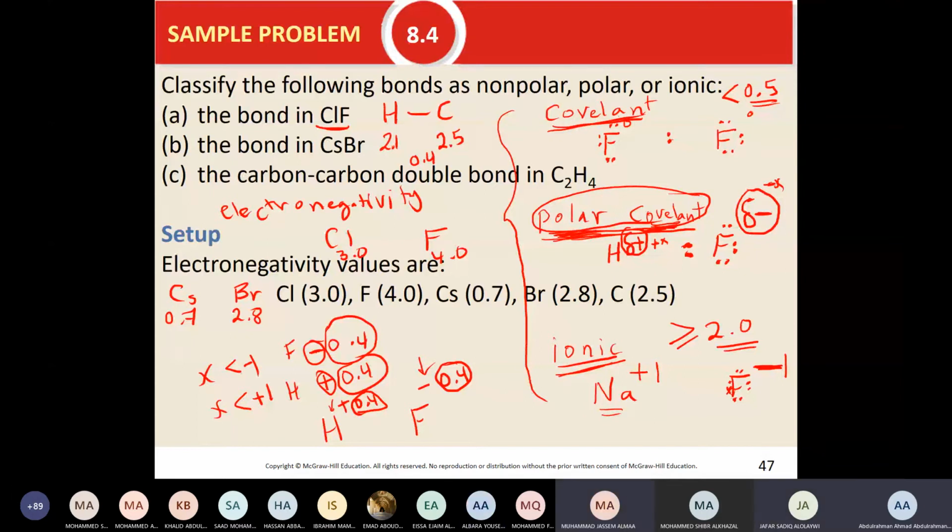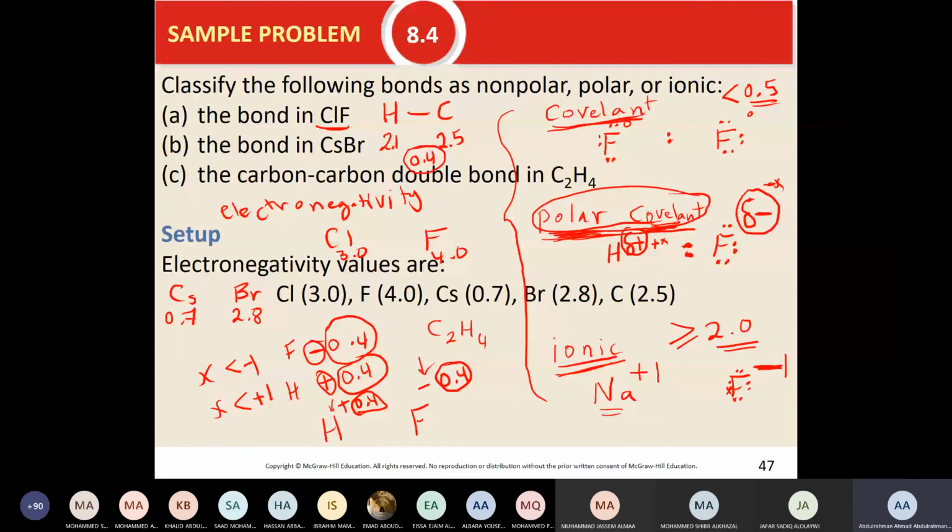Fantastic. Last one, C2H4. Anything with carbon and hydrogen is covalent. Why? It's less than 0.5. The difference is 0.4. Is this clear?